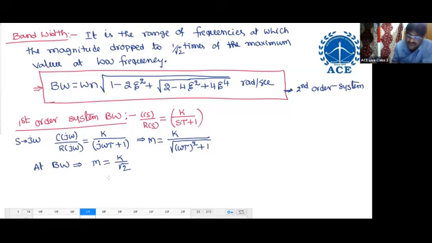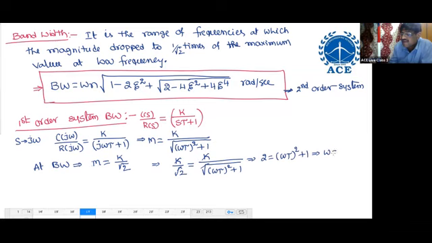So K by root 2 equals K by root of omega tau whole square plus 1. K cancels, root cancels, so 2 equals omega tau whole square plus 1. Then omega equals 1 by tau. So first order bandwidth is 1 by tau radians per second.